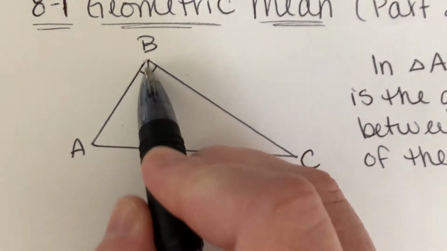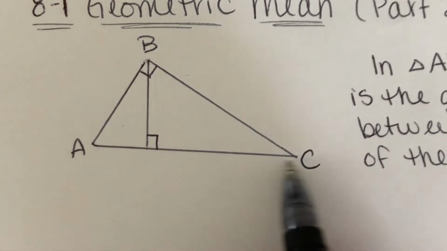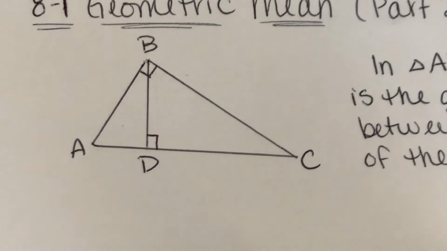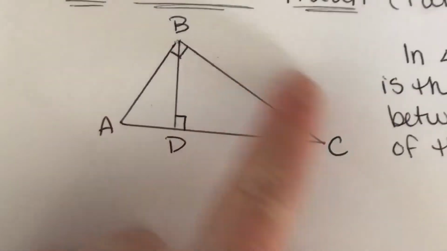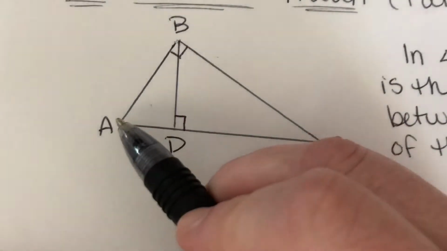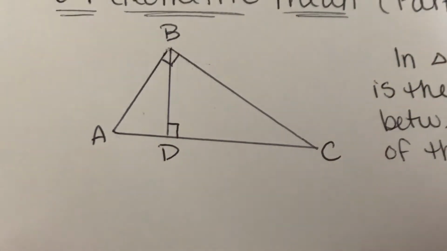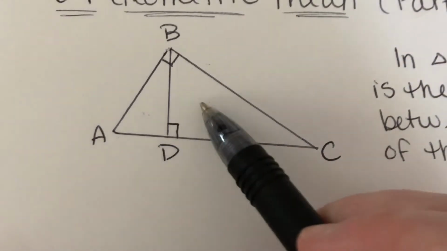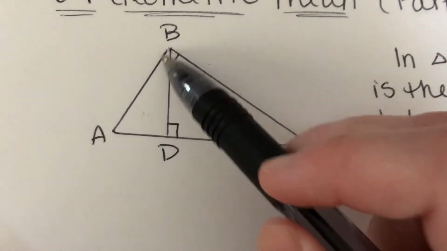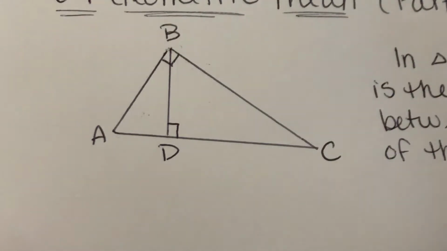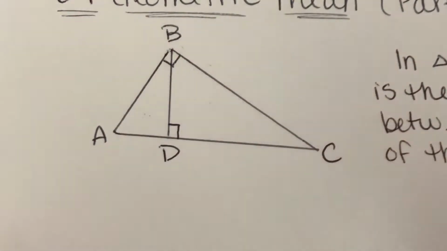Where this altitude touches my hypotenuse, I'm going to call that point D. So now I've got my one big triangle with the short leg, the long leg, and the hypotenuse, and I've created two smaller triangles: triangle ABD, triangle BDC, and of course this big one, ABC.